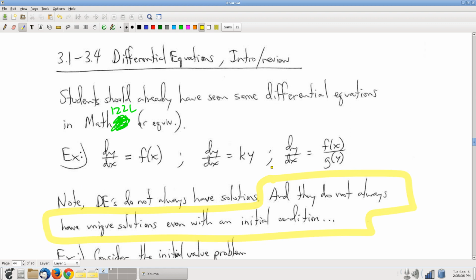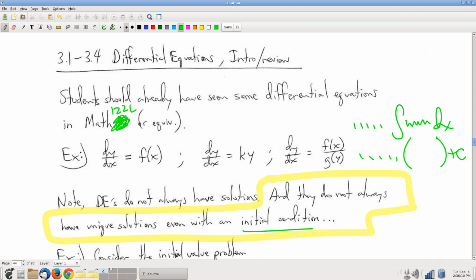Now, students are mostly familiar with the idea of there being many solutions to a differential equation, but are under the impression that if you ascribe an initial condition, then there will subsequently be only one way to solve the equation. Usually what happens is in the process of solving the differential equation, you at some point find yourself taking an integral of something which turns into some expression plus c.